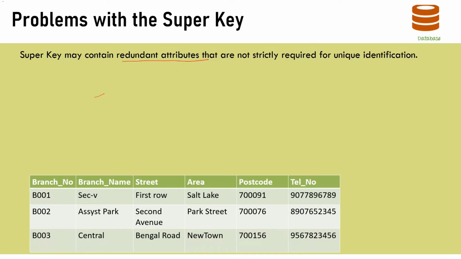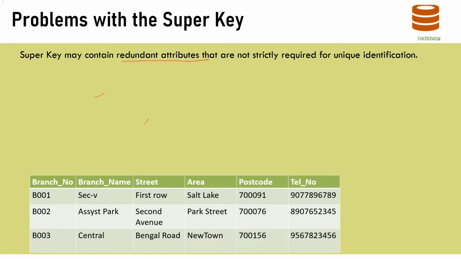And as you can understand, in RDBMS we always try to avoid redundancy, isn't it? So we don't want any kind of redundant attributes in my key. As super key can contain redundant attributes, that creates a problem.